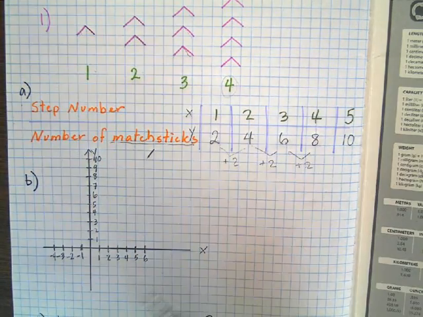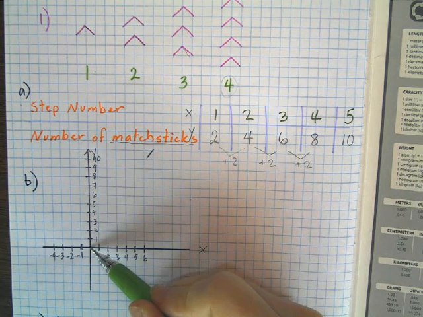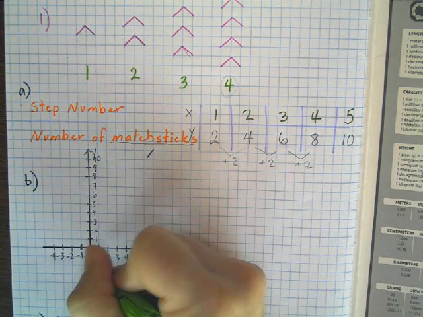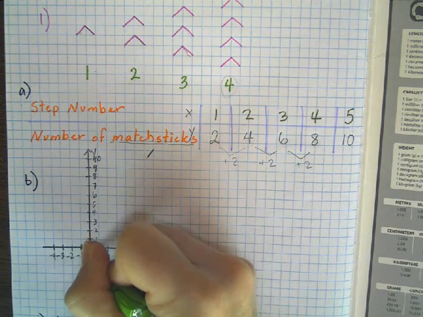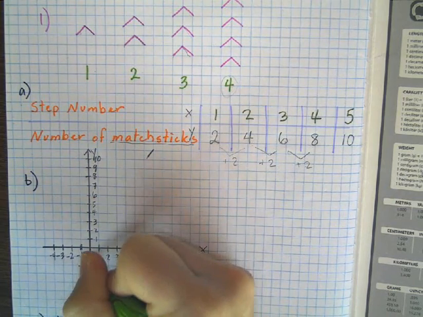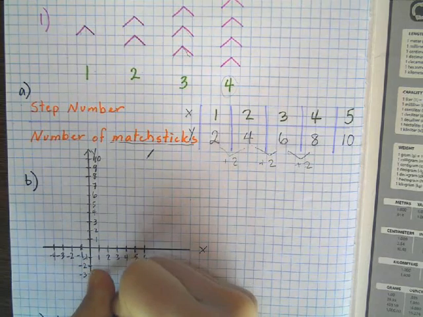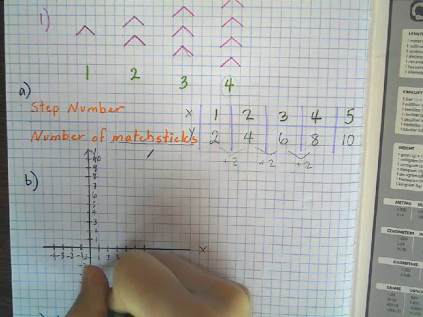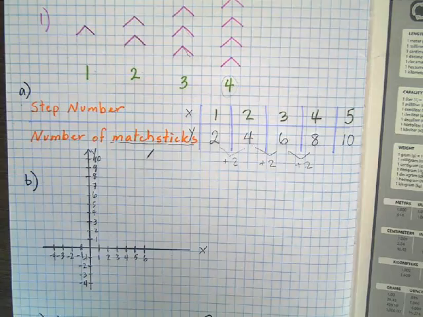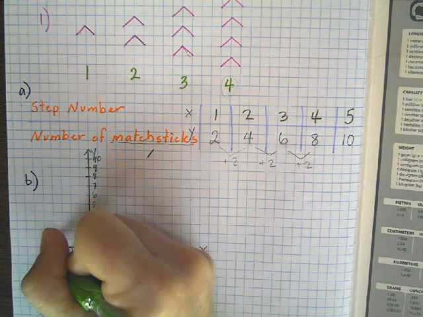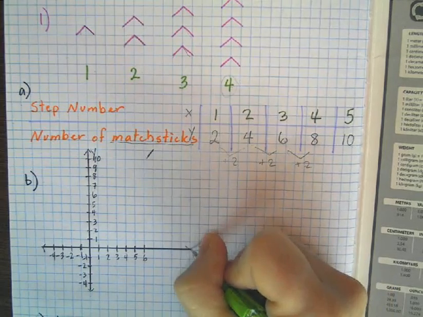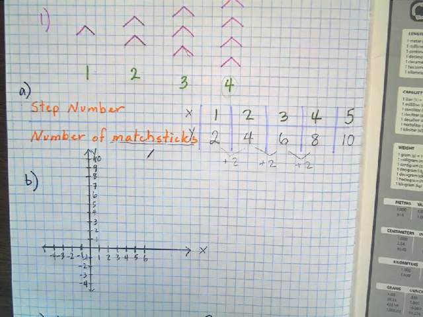And I could go down. This is 0. So this is negative 1. The next line is negative 2, negative 3, negative 4. Okay, and I could put little arrows to show that I could keep going. All right, now let's plot these points.